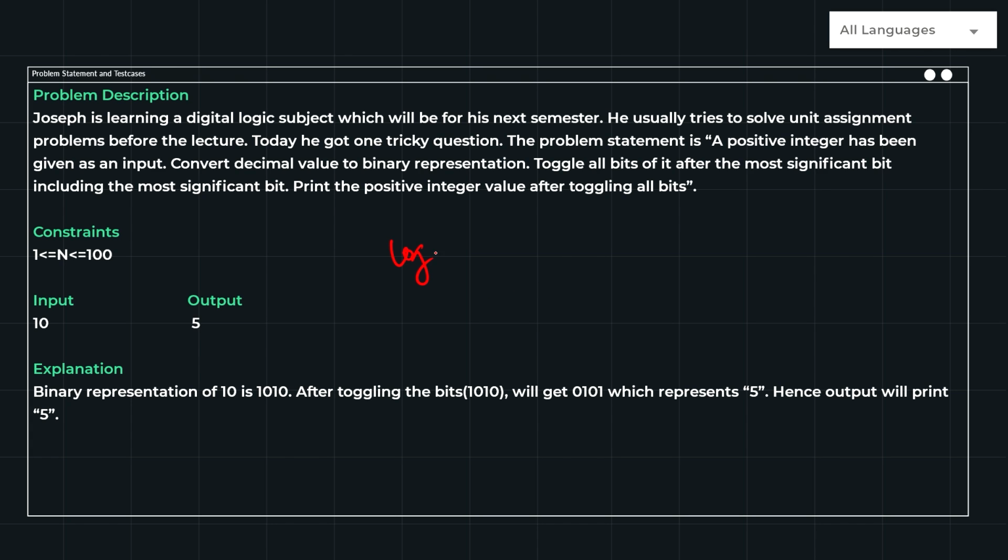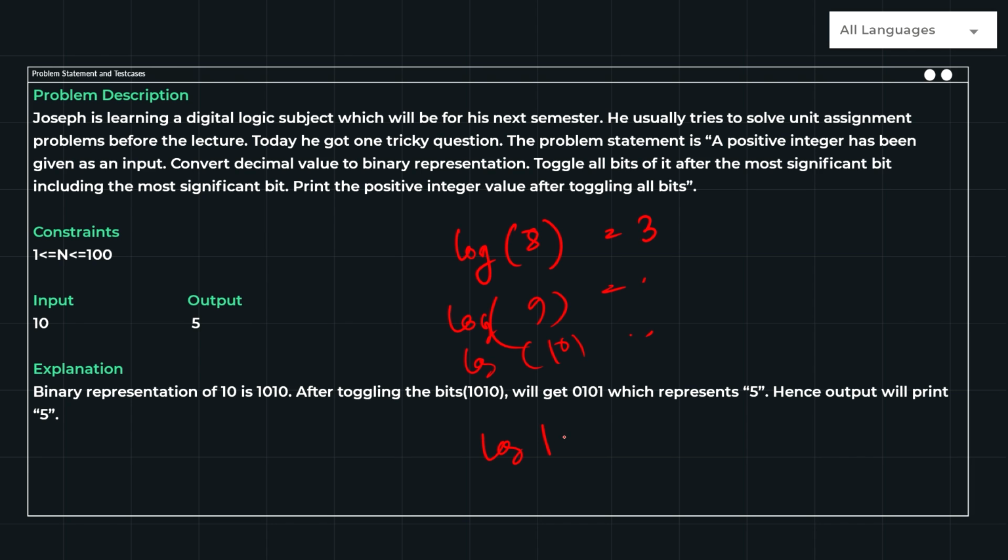Suppose you were using logarithm, then this gives you something like 3 point something, because you know that log of 8 is 3, log of 9 is greater than 3 but less than 4, log of 10 same thing.